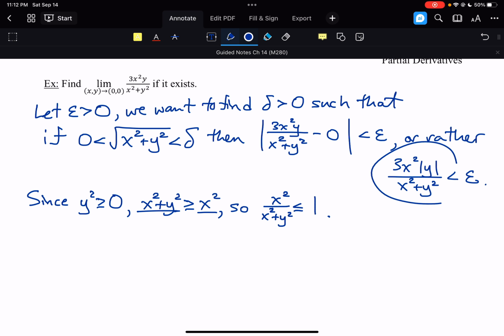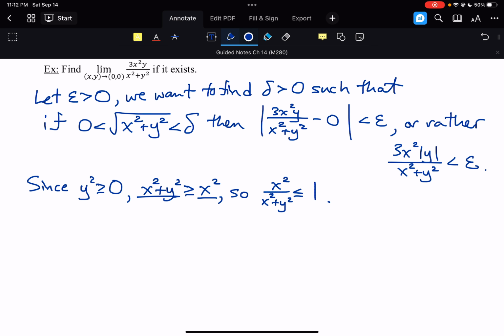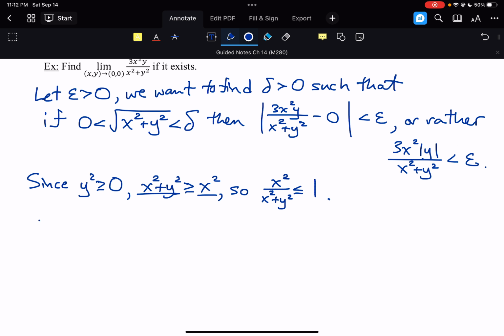Okay, so we're getting pretty close already to getting a bound on this. So you can say thus, if we take this expression and multiply it on both sides by 3 absolute value of y, 3x squared absolute value of y over x squared plus y squared is less than or equal to 3 times absolute value of y.